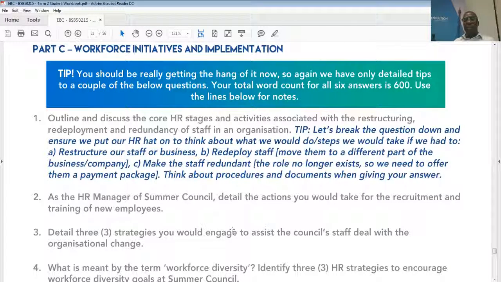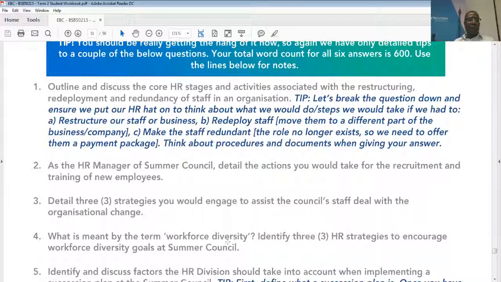So think outside the box. What are the strategies you could use? And then strategies you would engage to assist the council staff deal with organizational change. Obviously, when you do your communication, some of them will need counseling, some of them need to retrain their thinking, recalibrate, and refocus on the new life and new beginnings that they're going to have.